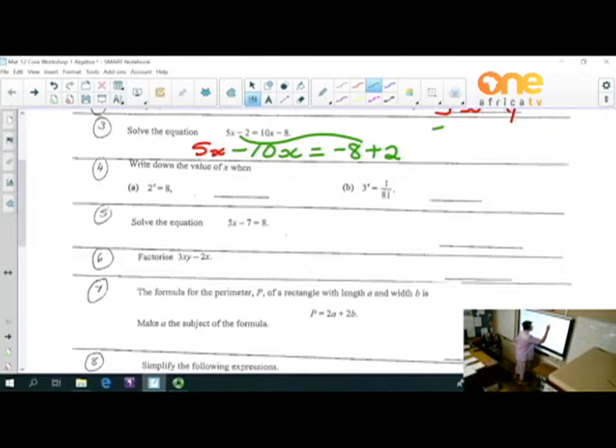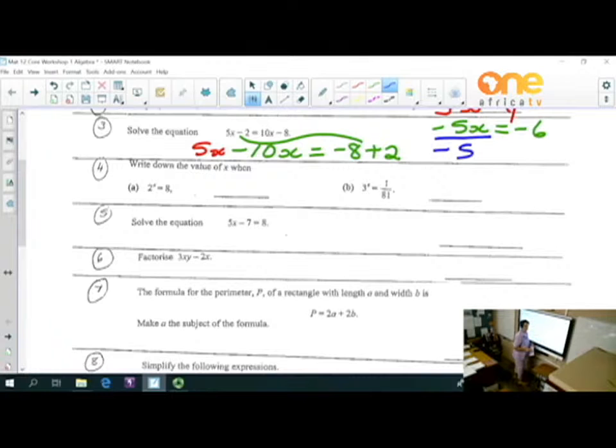So then you have negative 5x, which is equal to, and you can do this on your calculator, negative 8 plus 2, which is then equal to negative 6. And now in the next step, we divide with a coefficient.